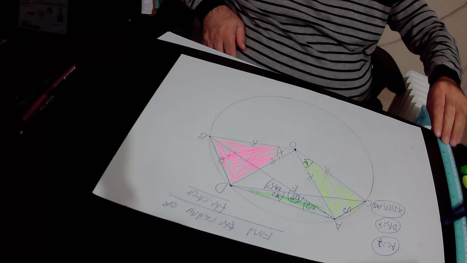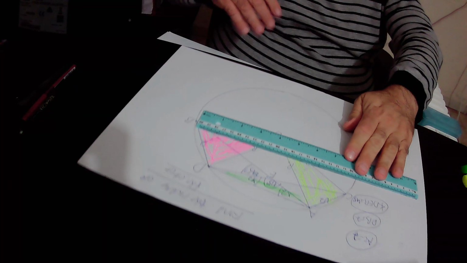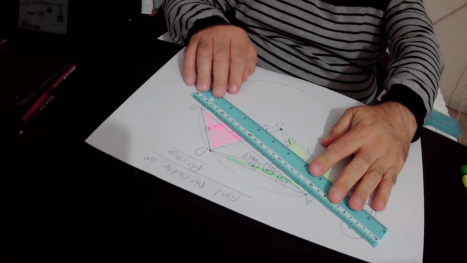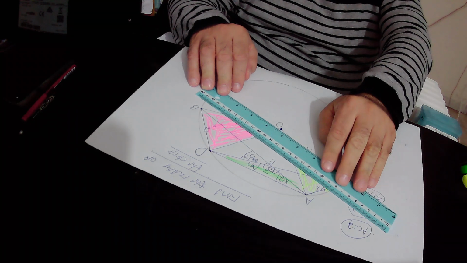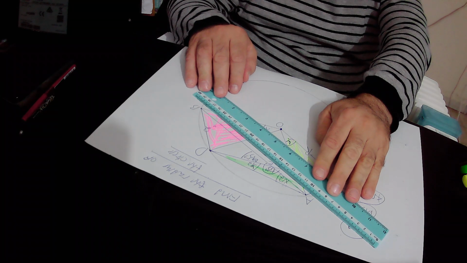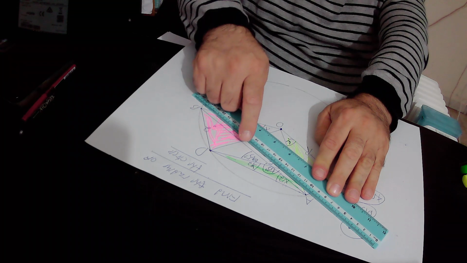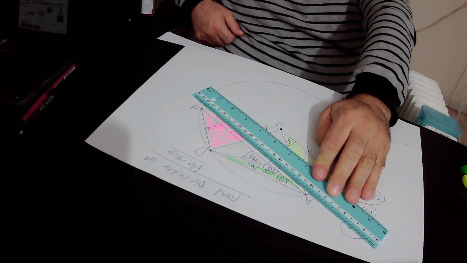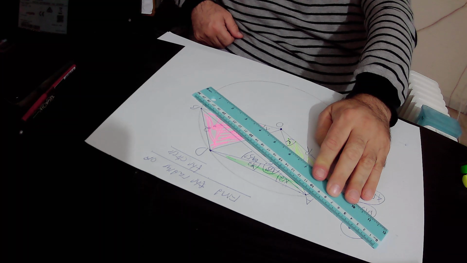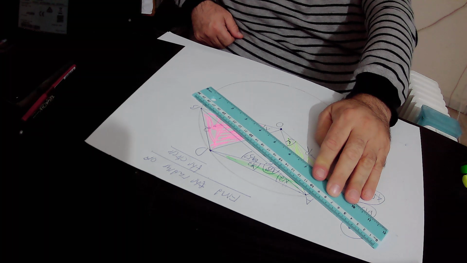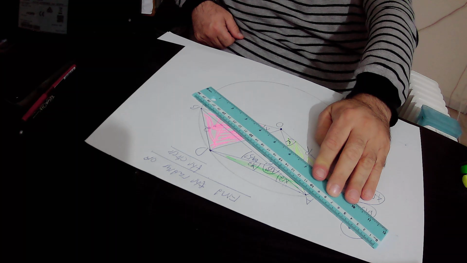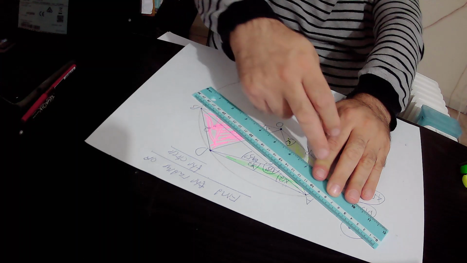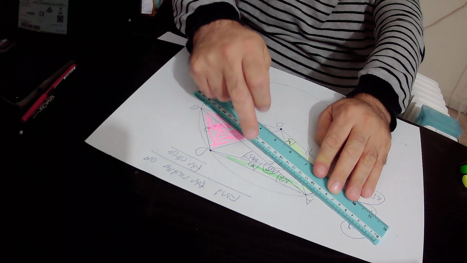Then we focused on the straight line AB at point E. We have this angle that is equal to 45 degrees, and according to the rule that the sum of the angles on one side of a straight line is equal to 180 degrees, the sum of the angles on the upper side of the straight line AB at point E must be equal to 180 degrees.